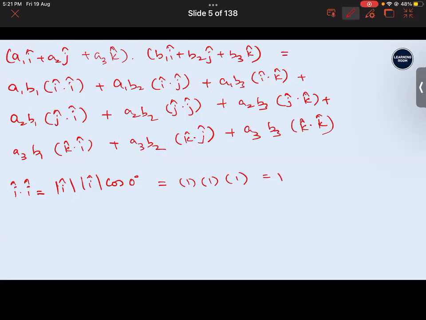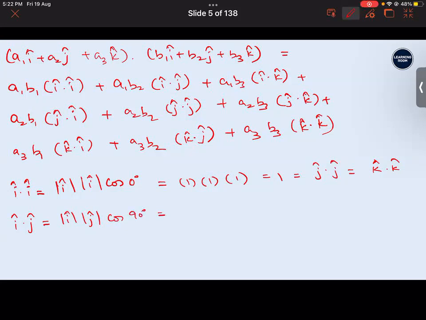So same is the case going to be between j cap dot j cap and the k cap dot k cap. But if I observe what is I cap dot j cap, so it is magnitude of I cap into magnitude of j cap into cos 90 degrees.